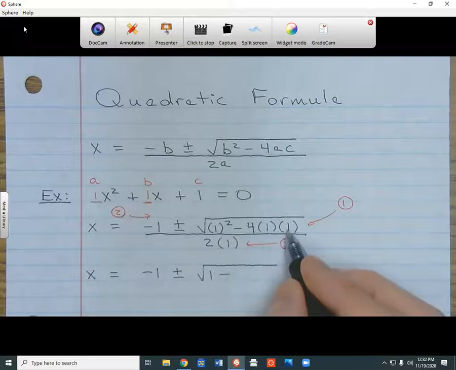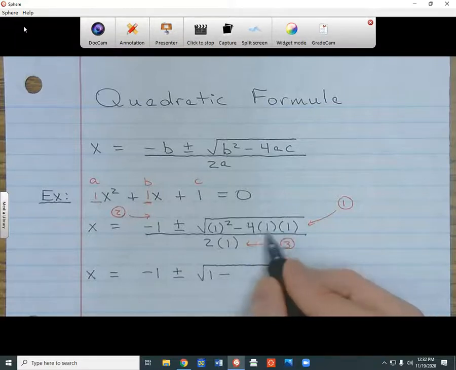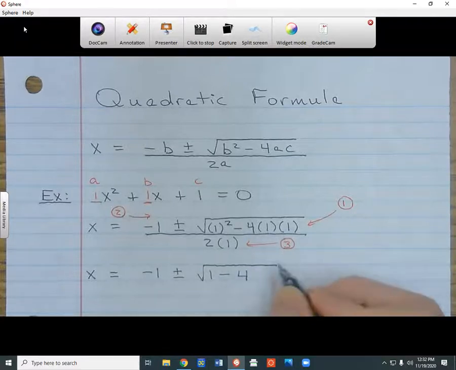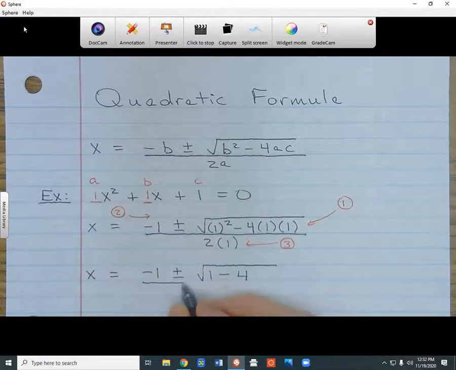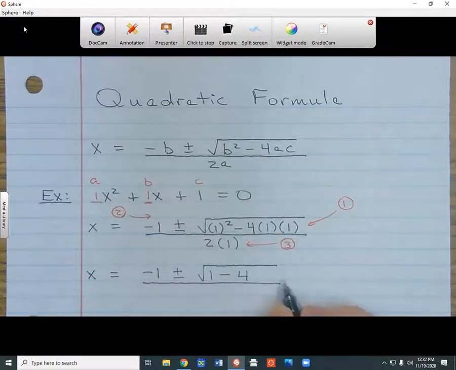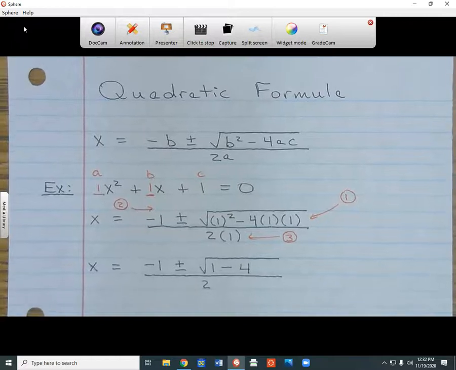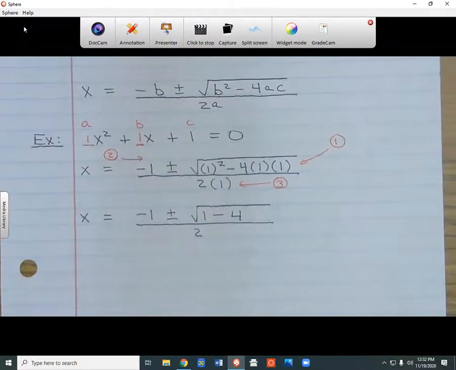Multiplying all three of these numbers together, 4 times 1 times 1 gives me 4. Everything is still divided by 2 times 1, and we know that 2 times 1 is just 2. Okay, so now we're almost done with the radical. I just need to simplify a little bit inside the radical before we move on.